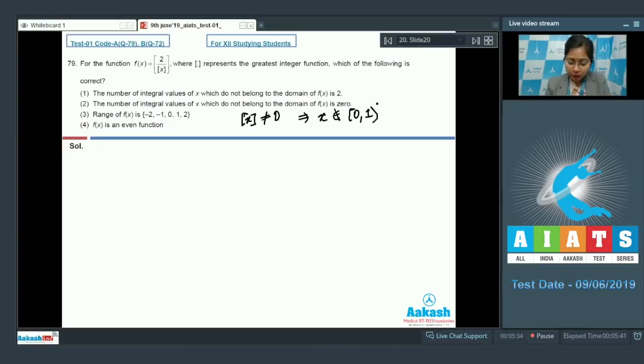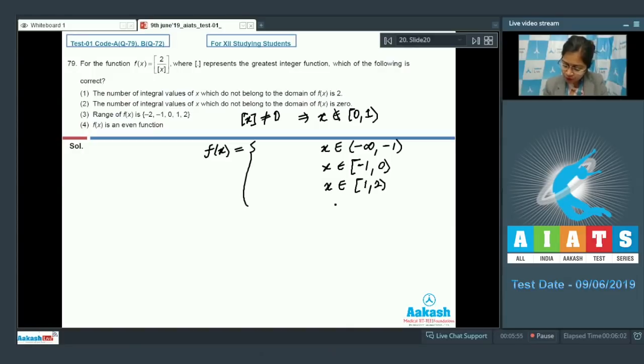Now we will find the value of f(x) when x belongs from minus infinity to minus 1, from minus 1 to 0, from 1 to 2, from 2 to 3, and when x goes from 3 up till infinity.